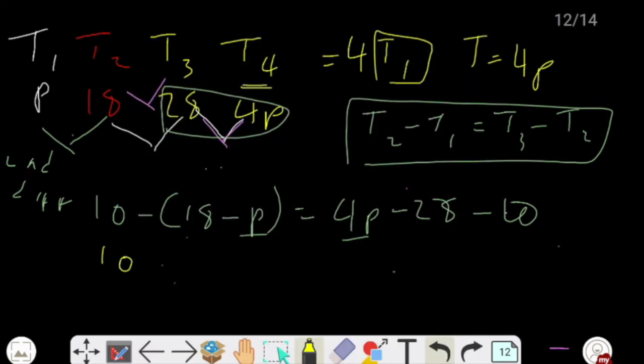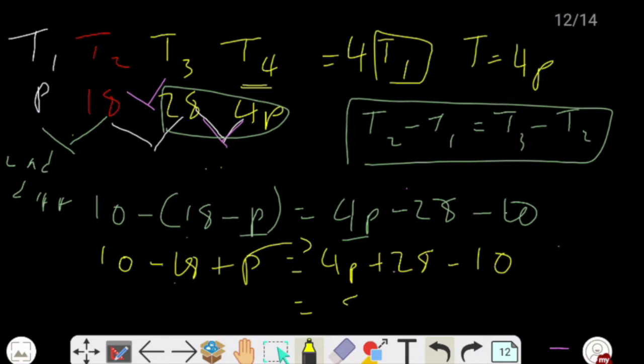On this side we have 10 minus 18 plus P equals 4P plus 28 minus 10, and then we can just simply take this P to the other side, meaning we're going to have 5P, take the 28 to the other side, and then take the 10 again to the other side.